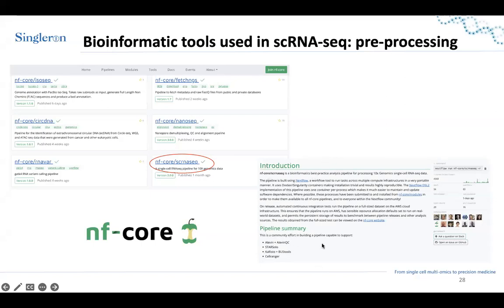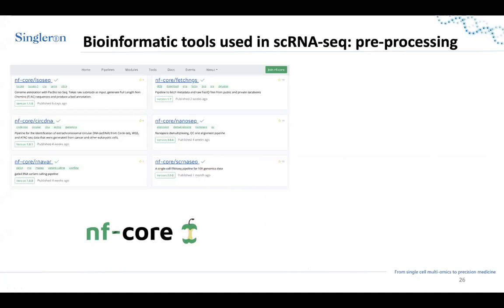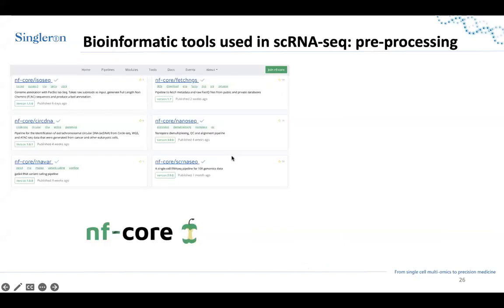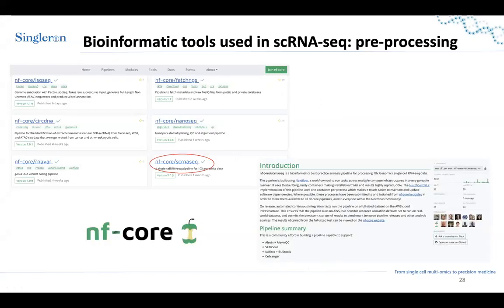And then here it tells you how to use the pipeline. So the only thing that you need to do is to download this, install whatever you need to install, and follow the instructions to run it. So you don't have to worry about the individual steps that I showed previously. Like here, you don't have to worry about how to do the multiplexing, trimming, etc. Everything is already done for you in those pipelines, but you just have to know which input you have to provide.